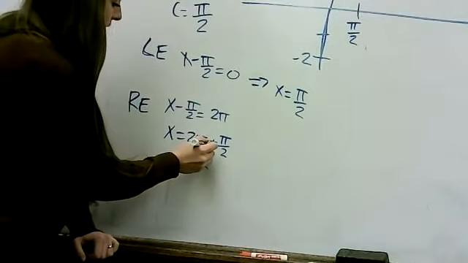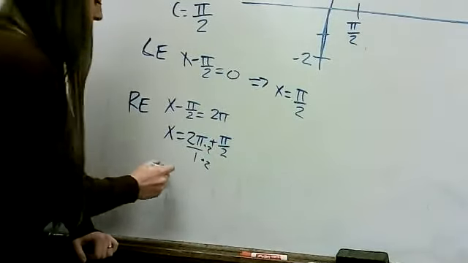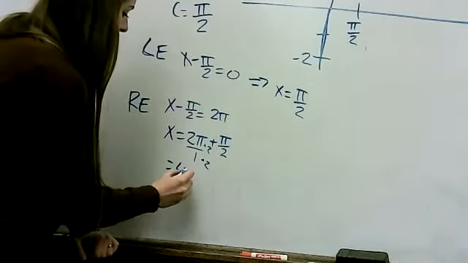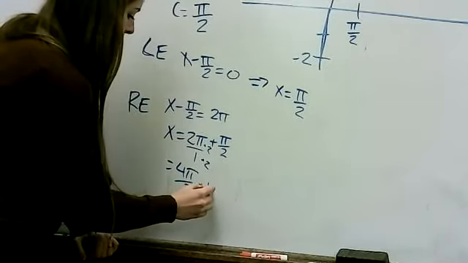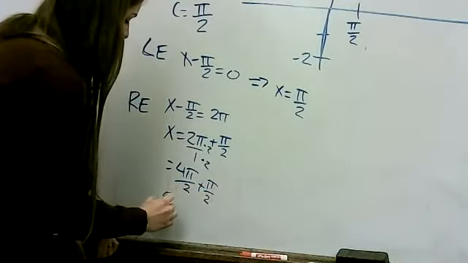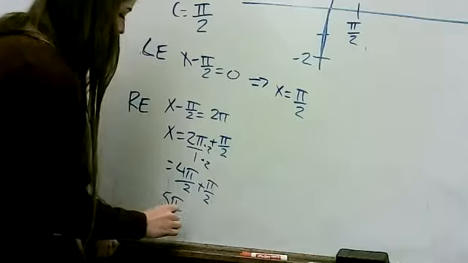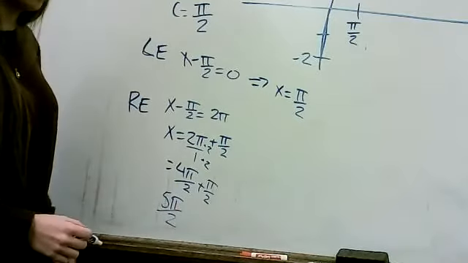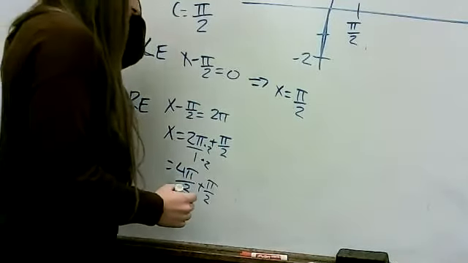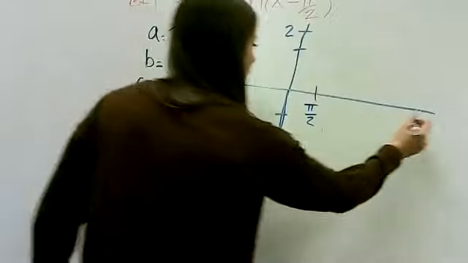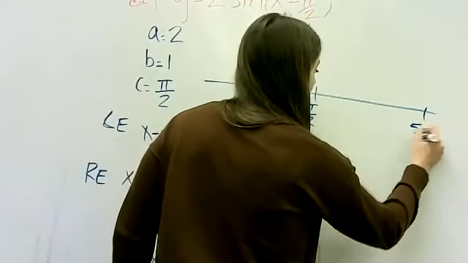I have to multiply my numerator by that 2 as well, giving me 4 pi over 2 plus pi over 2. So my right endpoint is 5 pi over 2, right? 4 pi over 2 plus pi over 2 is 5 pi over 2. So now let's go label that on our graph. That's way out over here, 5 pi over 2.